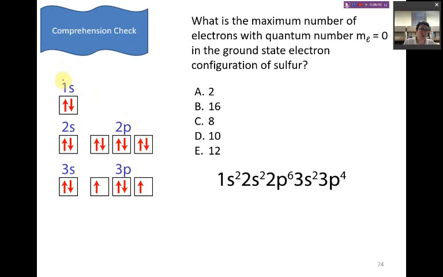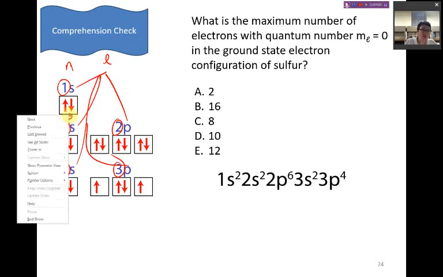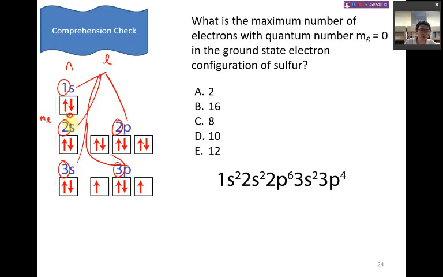Well, remember, the n value is depicted here. Okay? Our L values are here. And then the m sub L value is represented by the box itself. For an s orbital, we can only have an m sub L value of 0. And for p orbitals, we could have 0, -1, or +1.